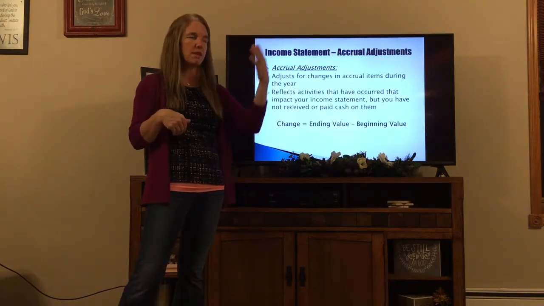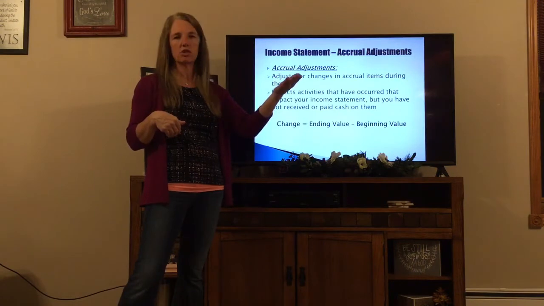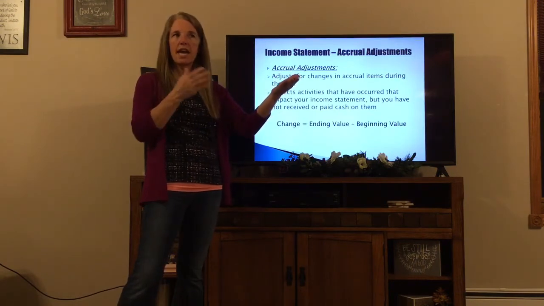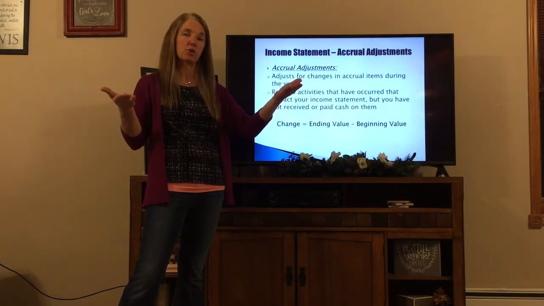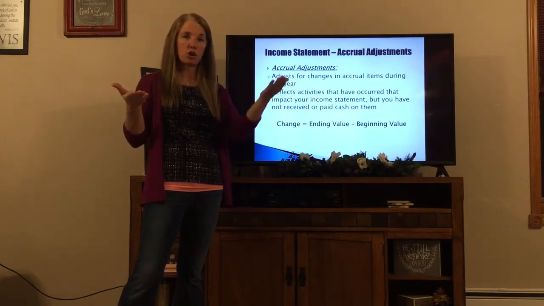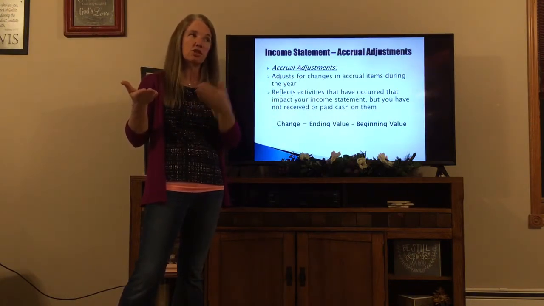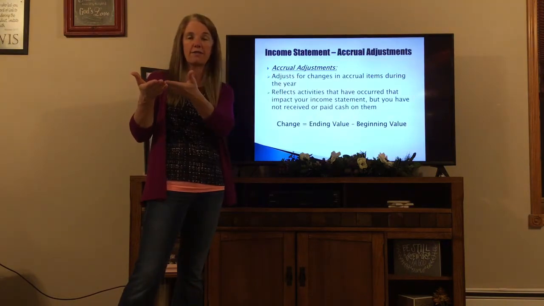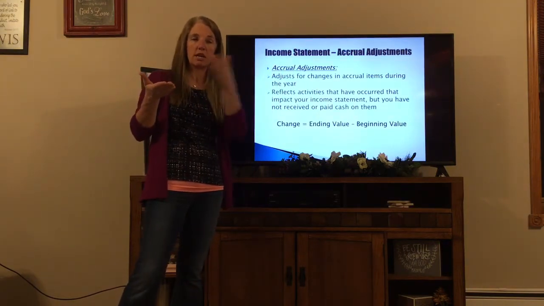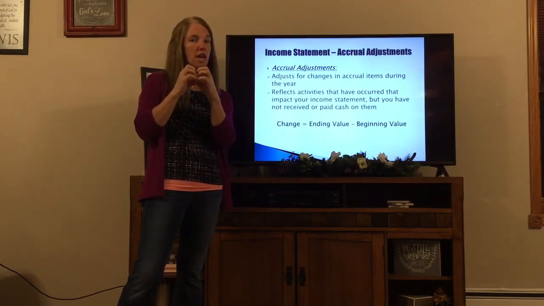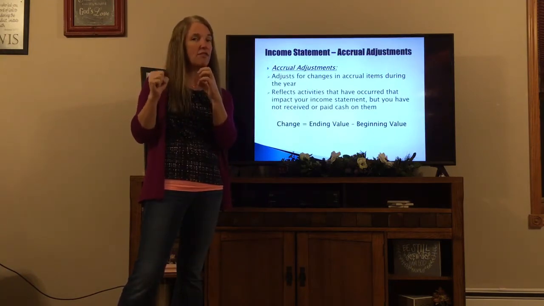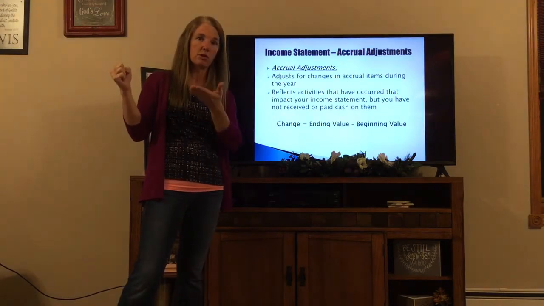So let's say, for example, we're taking your hay inventory. If you began the year with $10,000 in hay inventory and you ended the year with $15,000 in hay inventory, we would make an accrual adjustment on the income statement to show that additional $5,000, ending minus beginning, 15 minus 10. There's an additional $5,000 worth of hay that we still have on hand that we produced this year.